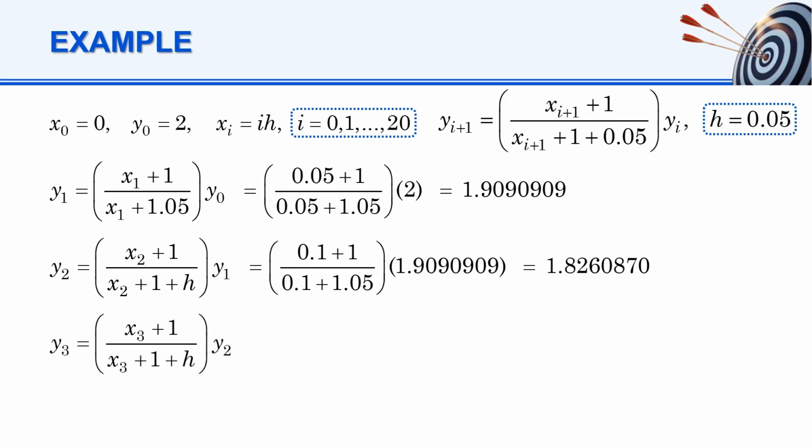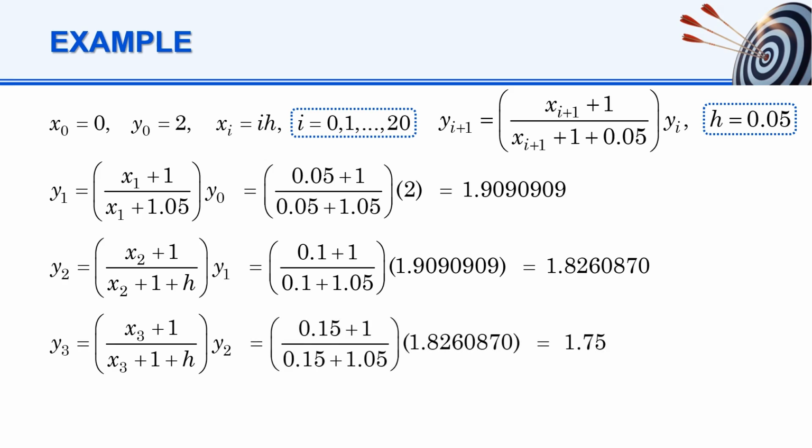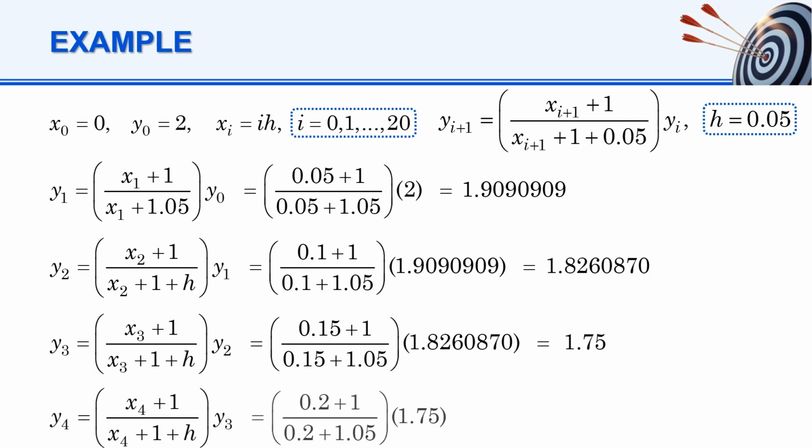Using y_2 and evaluating y_3 yields 1.75. Similarly, using y_3 and evaluating for y_4 results in 1.68, which corresponds to the estimate at x equals 0.2.